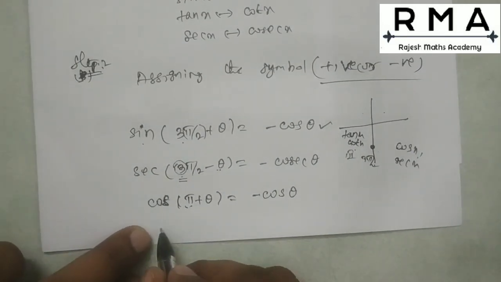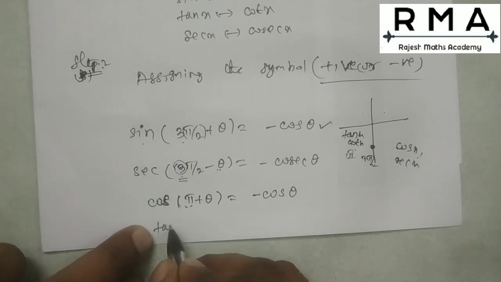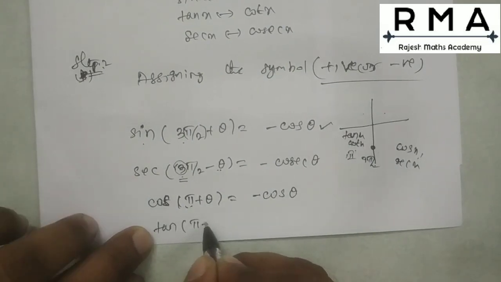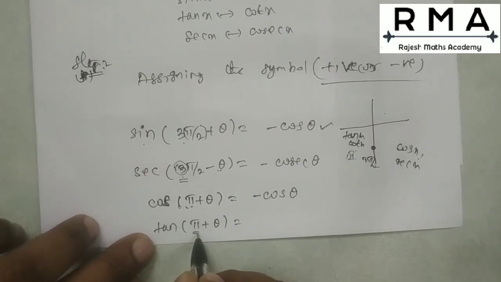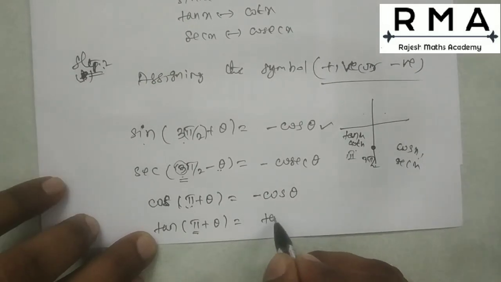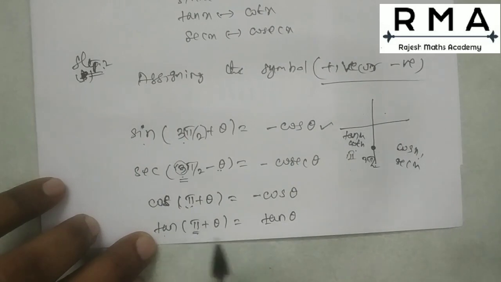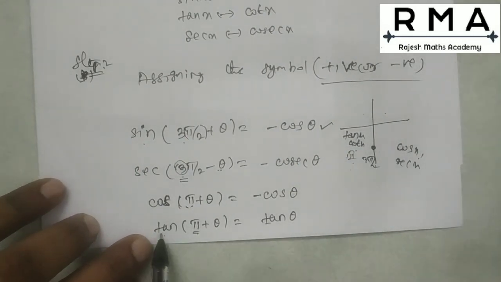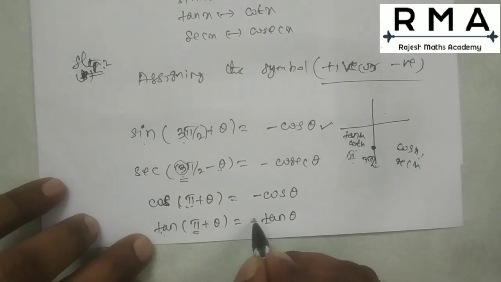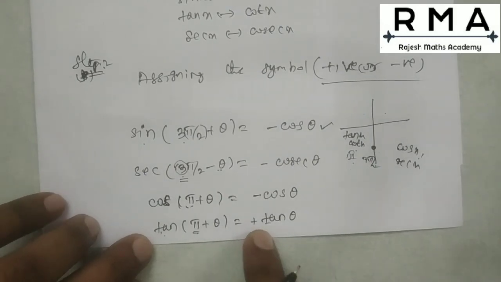One more example: tan of pi plus theta. Same, pi is 2 times pi by 2, so there is no change. Tan of pi plus theta is tan theta. Pi plus theta is in the third quadrant, tan and cot are positive, so positive tan theta only will come, no need to apply the symbol.